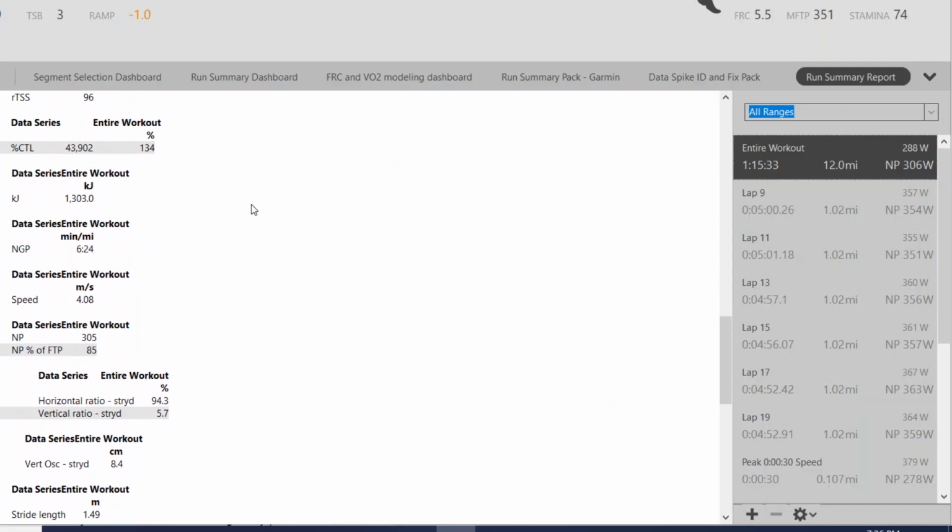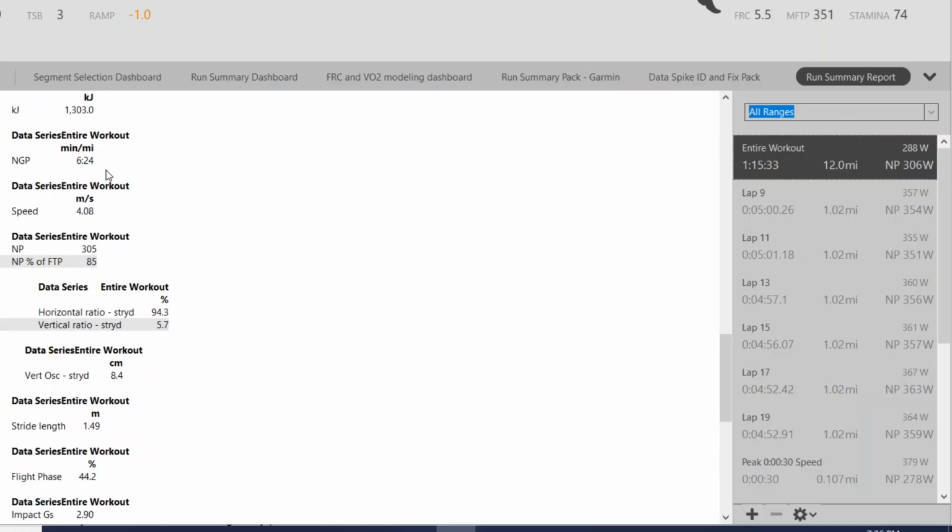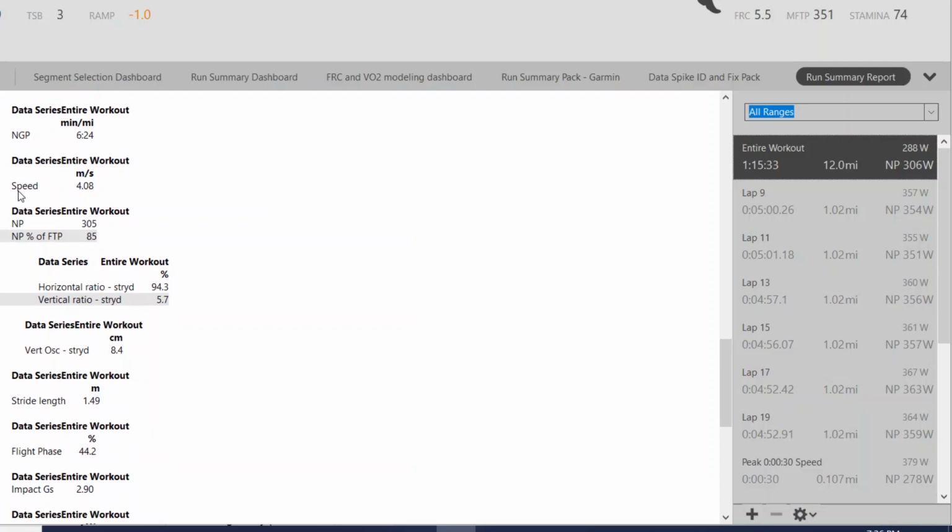This is kilojoules of work done total. Normalized graded pace, that's pretty evident for most of you that use running watches. This is just elevation corrected or grade corrected power, I should say. This is the speed in meters per second.